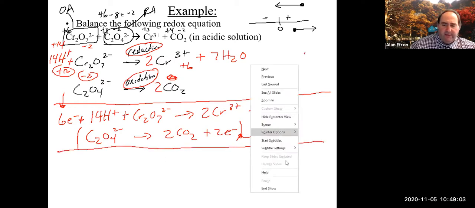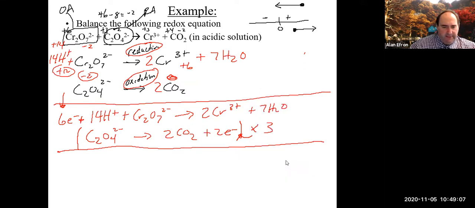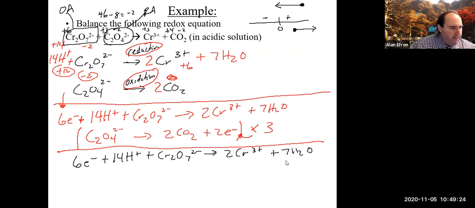So if we do that, again, I'm just copying it over so we can see it a little clearer, hopefully. Nothing changed on the top one. The bottom one there, we're going to distribute that 3 all the way across.